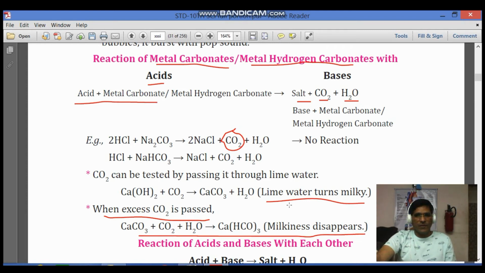Again, we have to discuss the reaction of metal carbonate and metal hydrogen carbonate. Metal hydrogen carbonate means HCO3.